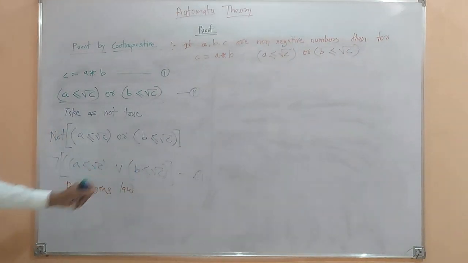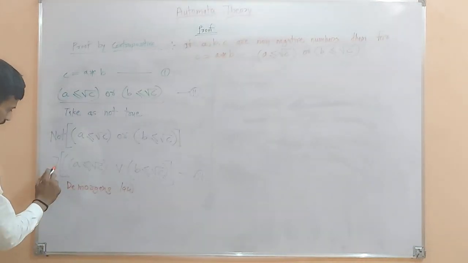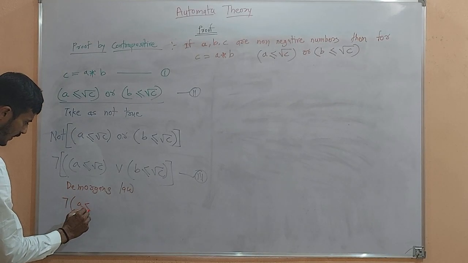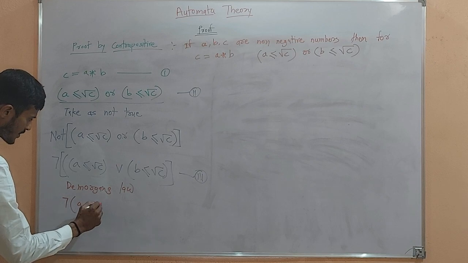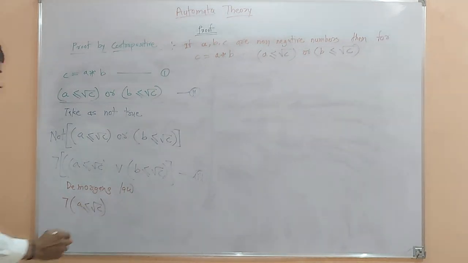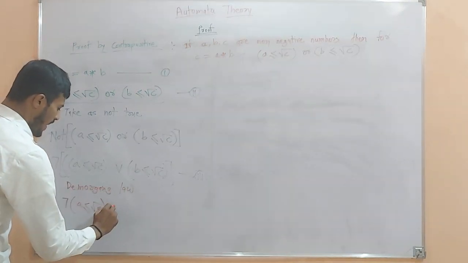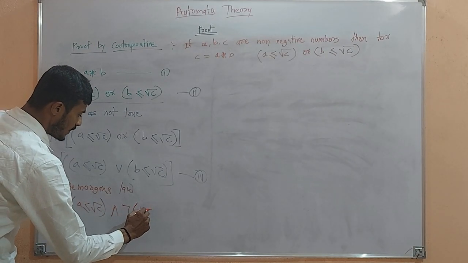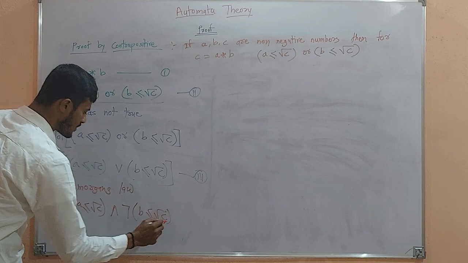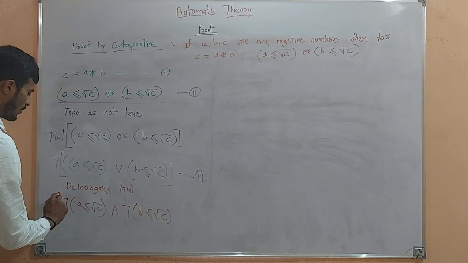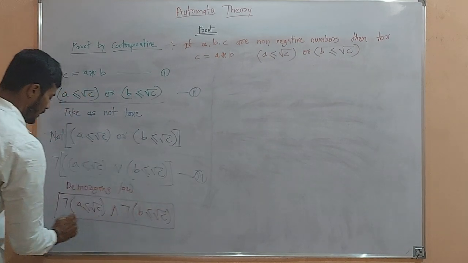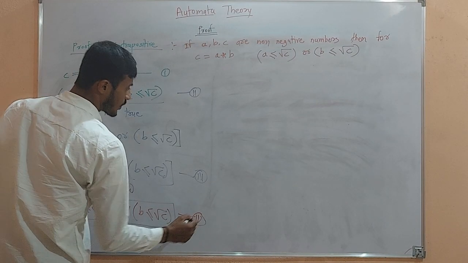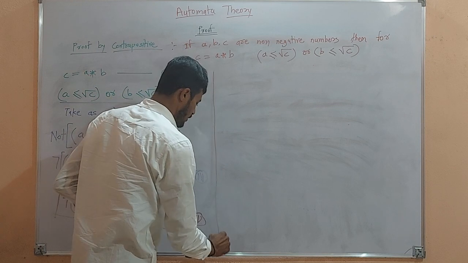If I go for De Morgan's law, this will become negation of A less than or equal to root C, and negation of B less than or equal to root C. That is the formula we got after applying De Morgan's law on equation number 3. Let us say this is equation number 4.